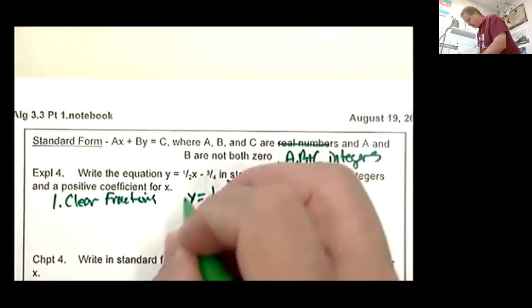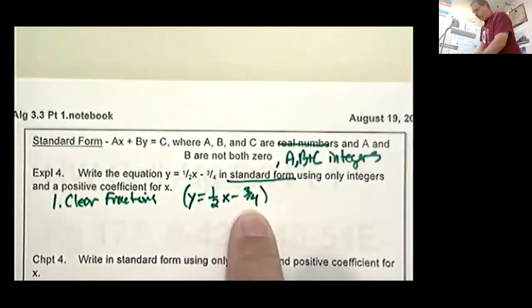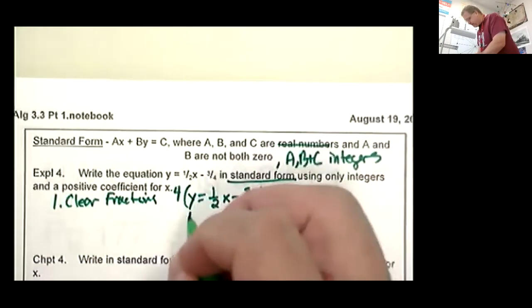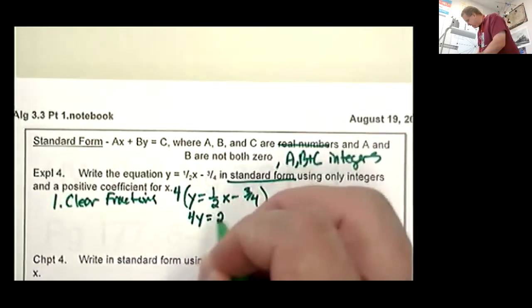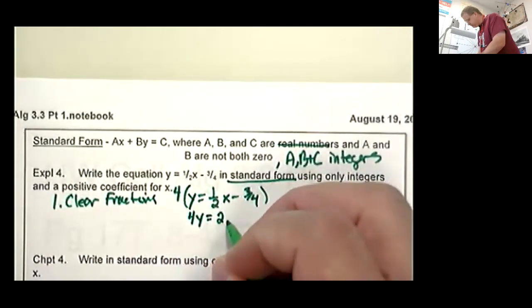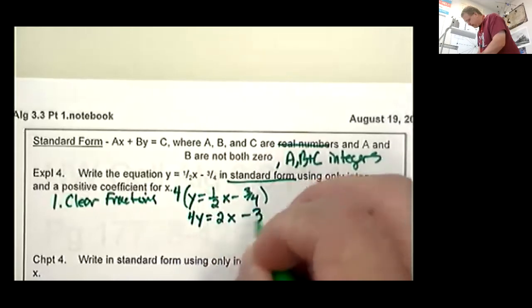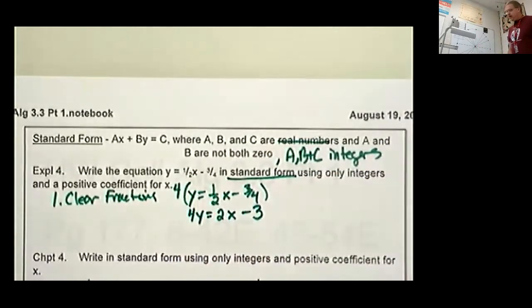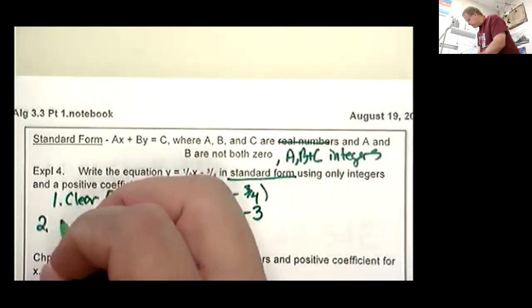To do that, we're going to multiply by the least common multiple. Here, the least common multiple is 4. That's going to give us 4y equals 2x minus 3. And then we want to get x and y on the same side.